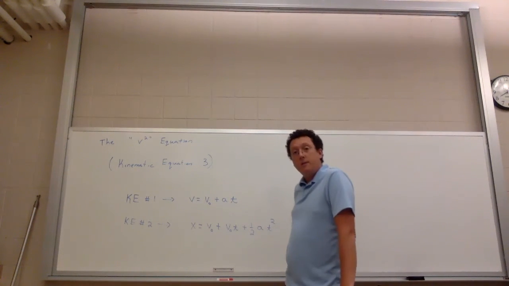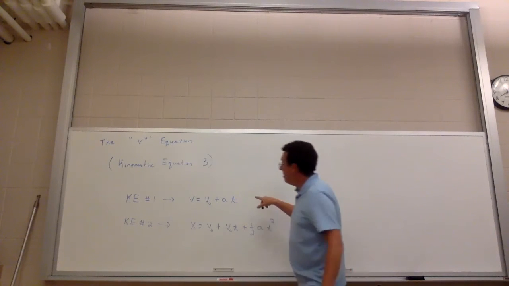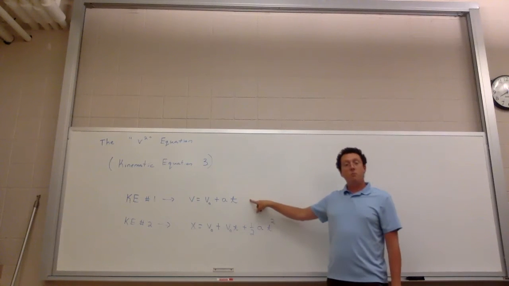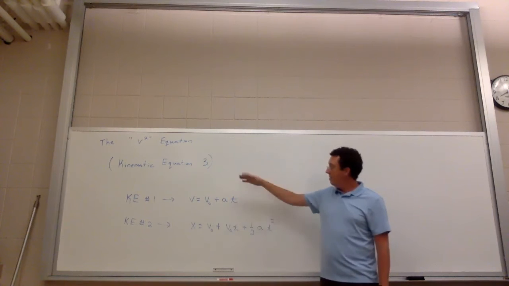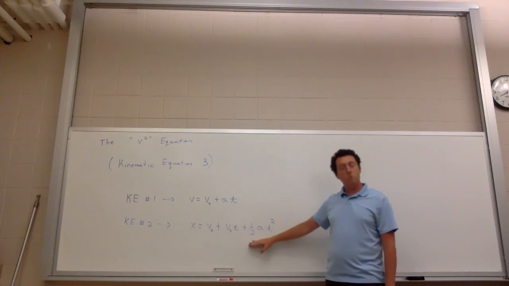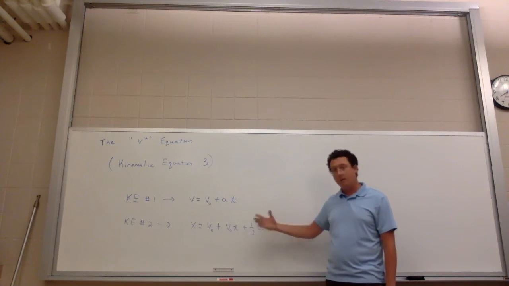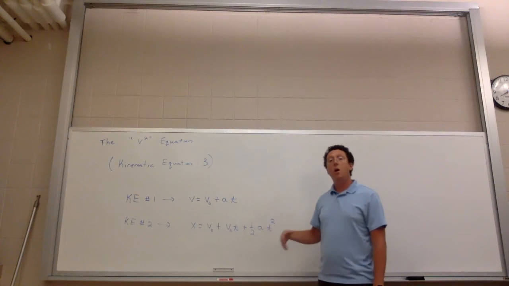And we have two ways to do this. We can either start with kinematic equation 1, rewrite it to solve for time, get it into the form t equals blah, blah, blah, and plug it into kinematic equation 2, and clean it up, and we get our answer.